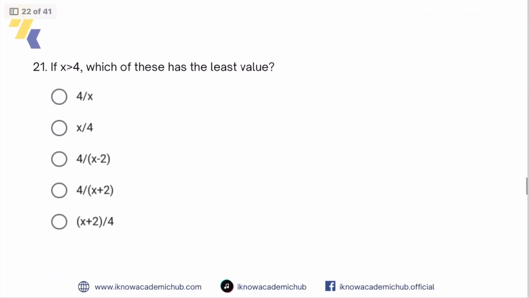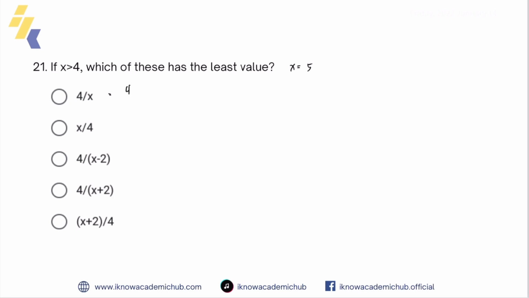Okay, next problem tayo. If x is greater than 4, which of these has the least value? So, kapag ganitong question, may condition x is greater than 4, maglelet na ako ng value ng x. What number is greater than 4? I will let x be equal to 5.